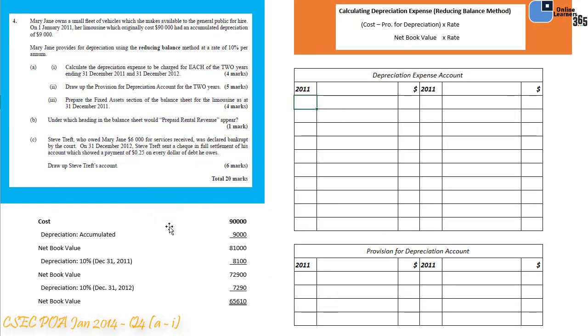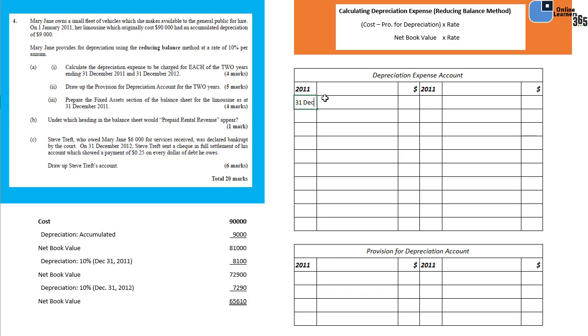Okay, let's put that information into a depreciation expense account. Alright, now because depreciation is an expense, we would start recording the item on the debit side. Now depreciation expense is charged at the end of the year, so the date in use would be the 31st of December.